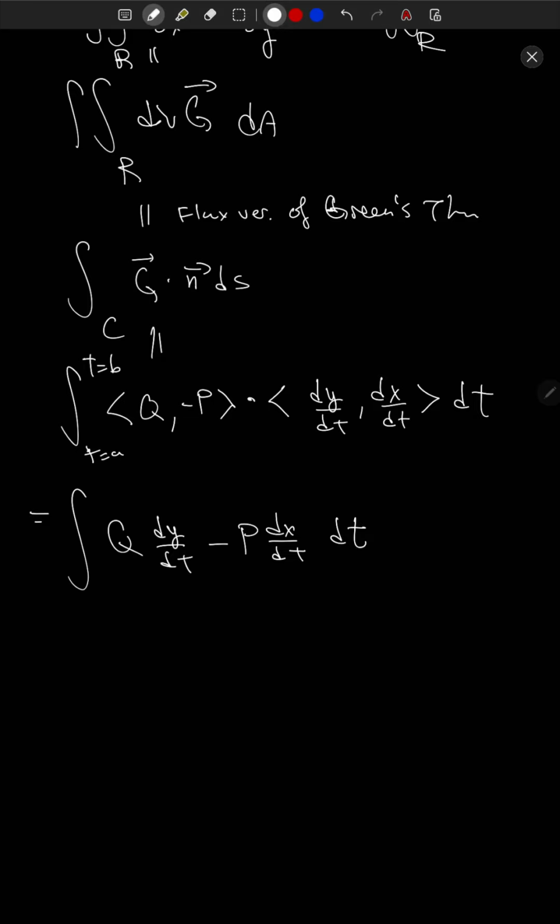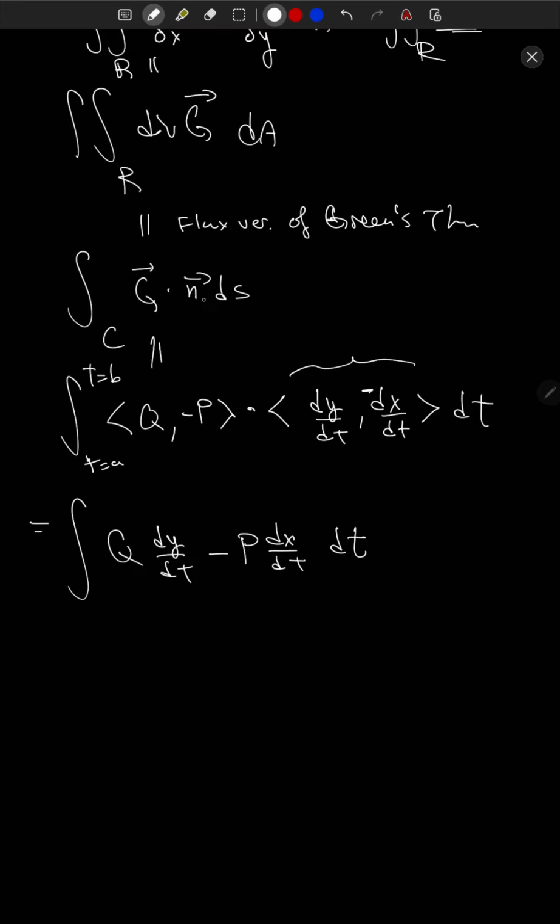Oops, sorry. Let's see. This is a minus here. There's a minus there, because this was the normal. It's dot n ds, right? So it's not dot t, in which case it would be dx dt, dy dt. This is normal. And so what happens is this minus sign and that minus sign cancel, you get a plus. All right.